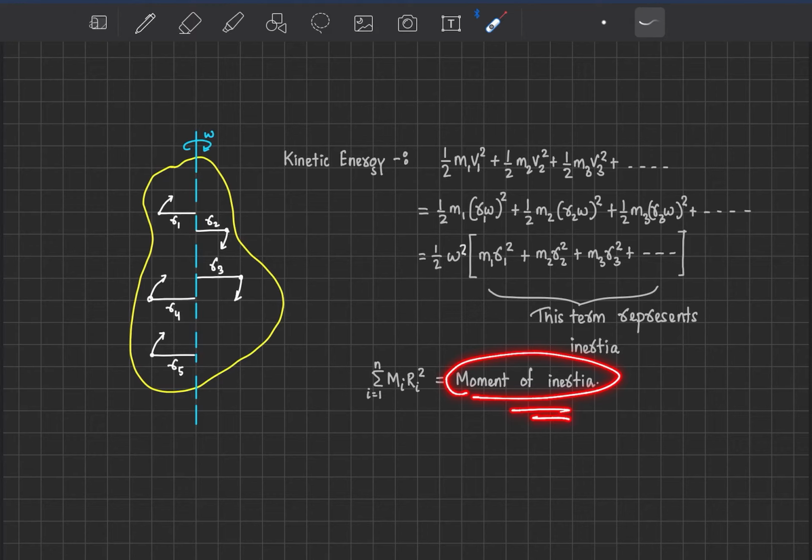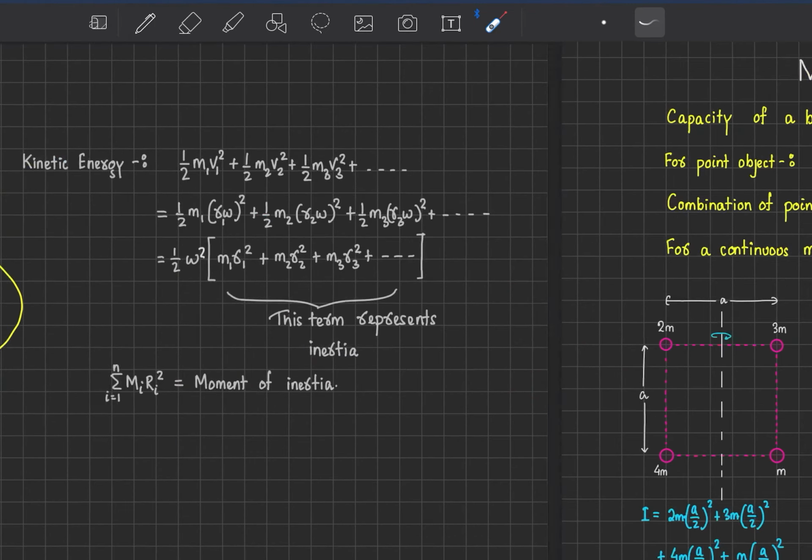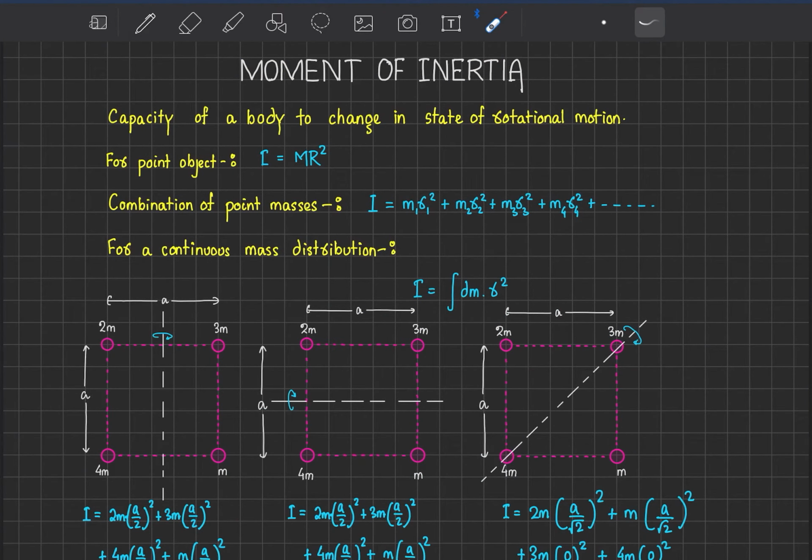And what is inertia actually? Let's talk about it in the next slide. So here we will be talking about moment of inertia. What is moment of inertia? Basically it is also inertia, but this applies in case of rotational motion. So we write: the capacity of a body to change its state of rotational motion.